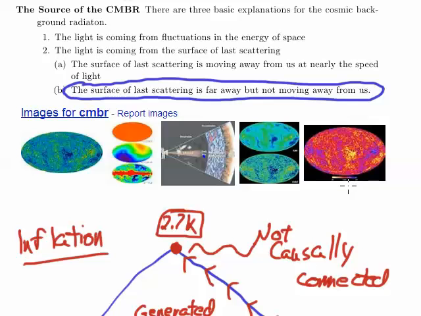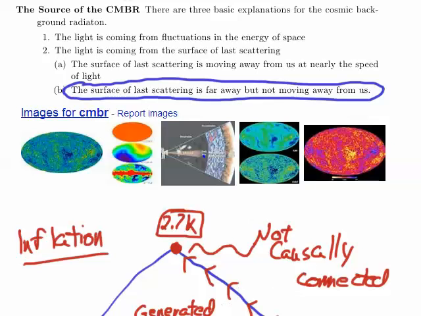So you can decide for yourself which one seems the simplest. Is the light from the cosmic microwave background radiation coming from quantum fluctuations in the energy of space? Is it coming from stuff moving away from us at nearly the speed of light that we could have been watching the whole time?